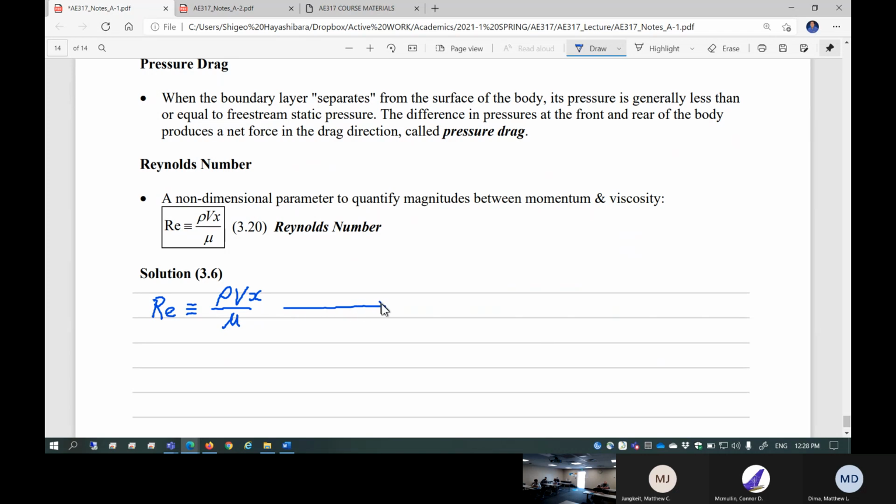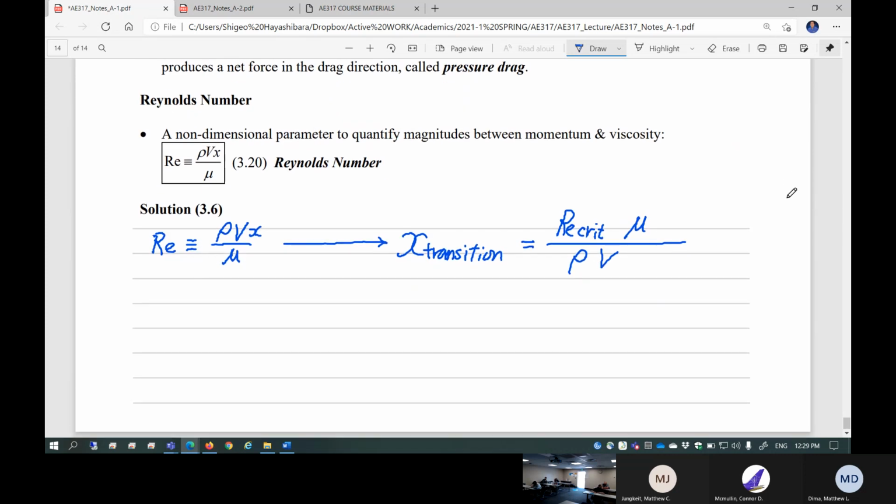Let's change this equation into x transition, which is equal to the critical Reynolds number multiplied by viscosity mu divided by rho times velocity V. Let's just plug in and find out.